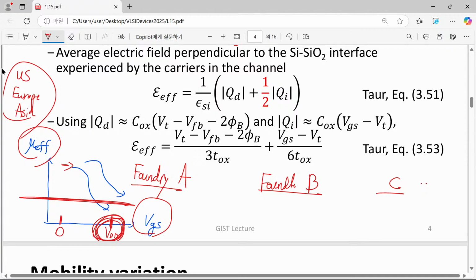Of course, they have different threshold voltages, different oxide thickness, different substrate dopings. So therefore, there is no hope to have any kind of universality.